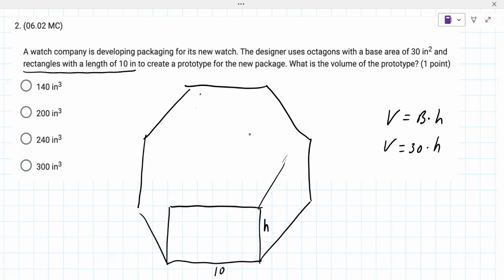There is a formula for the base area, but I don't know how that plays in here.